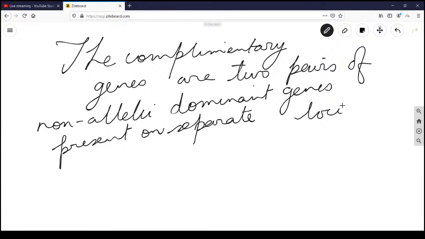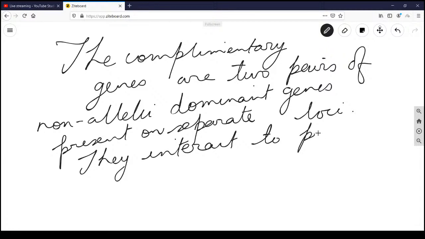Now they interact to produce only one phenotypic trait.